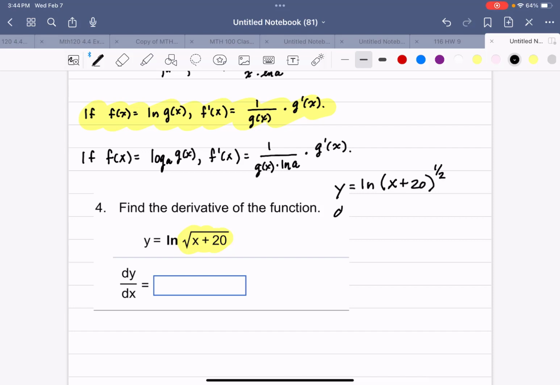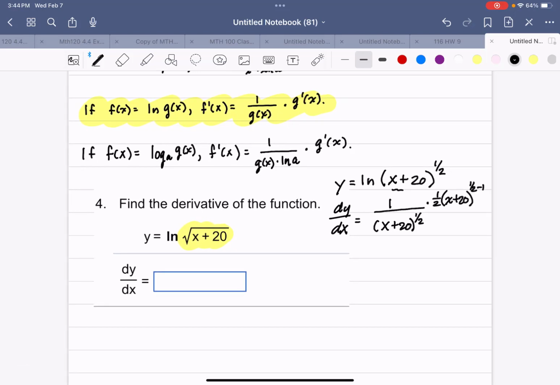So our dy dx is going to be 1 over x plus 20 to the 1/2 times the derivative of that, 1/2 x plus 20 to the 1/2 minus 1, and then the derivative of what's in there is 1.